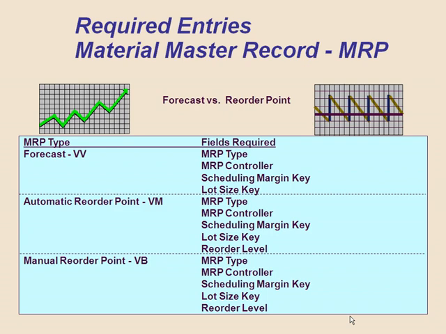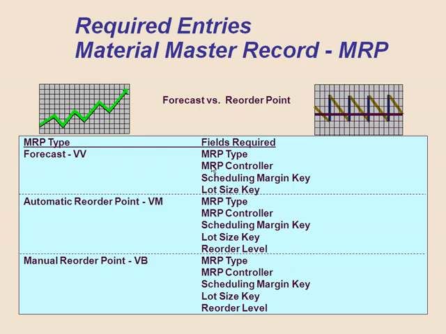Obviously there are 4 fields which are very common for all the types of MRPs. First and foremost, who is running MRP? Obviously the plant in charge. He is being called the MRP controller. So the MRP controller is the one field which is required mandatorily.